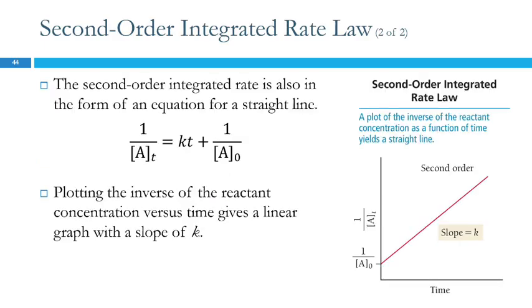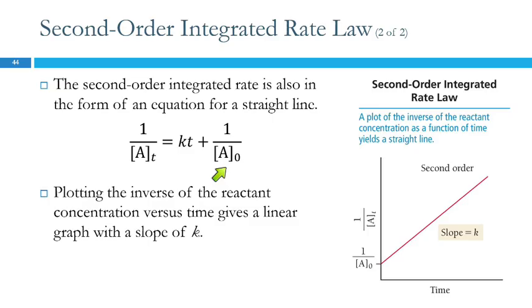The magic of calculus gives us this. This is the integrated rate law, written in the form of an equation for a straight line. So this tells us that if we graph 1 over A, 1 over the concentration on the y-axis, and T on the x-axis, we're going to get a line, and the slope is going to be equal to the rate constant.